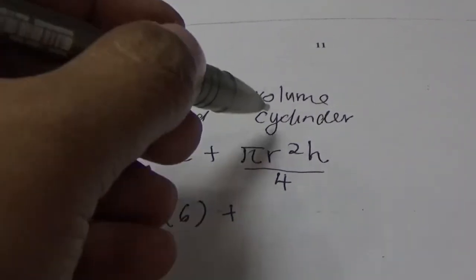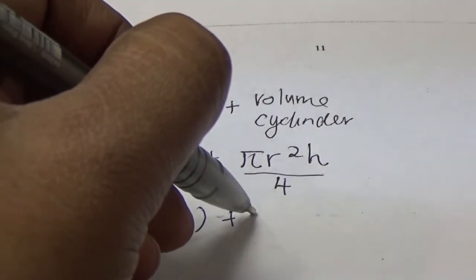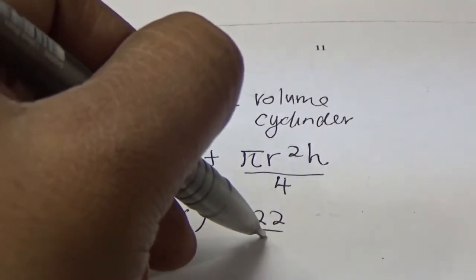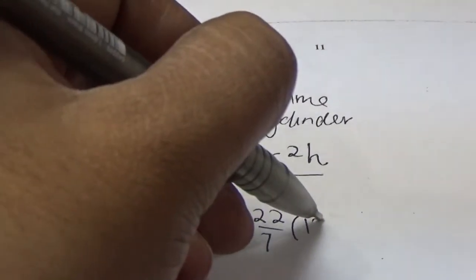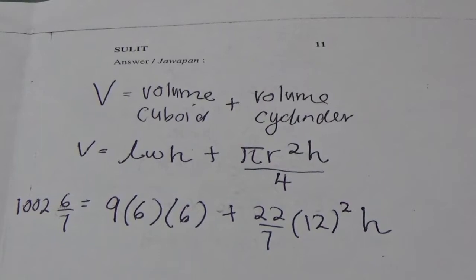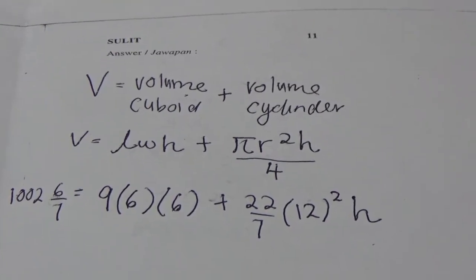And what is the volume of the cylinder? Pi is given as 22/7, radius is 12 centimeters time to the square, 12 squared times height is unknown.